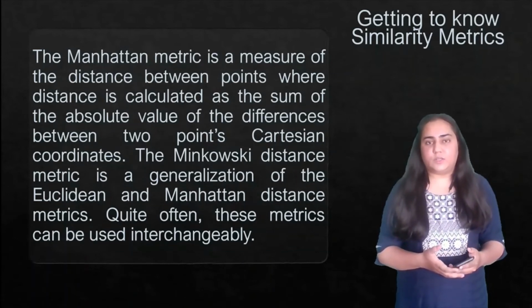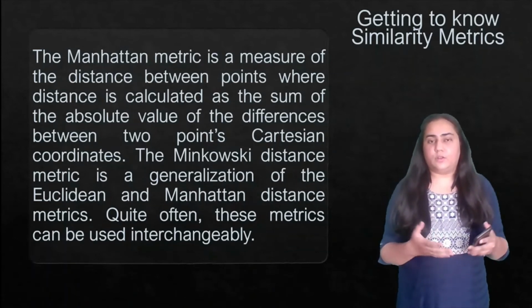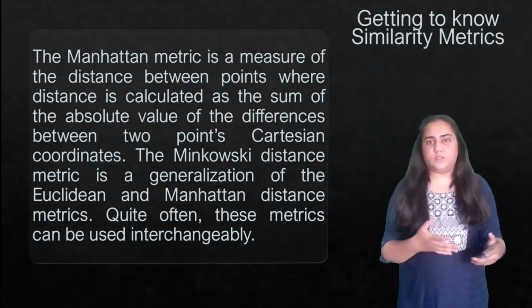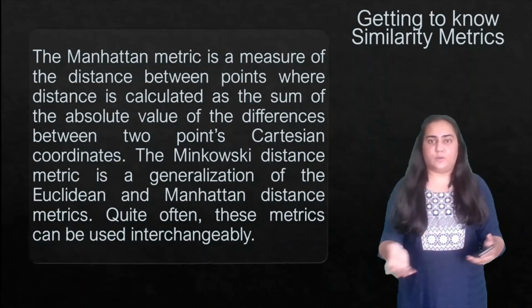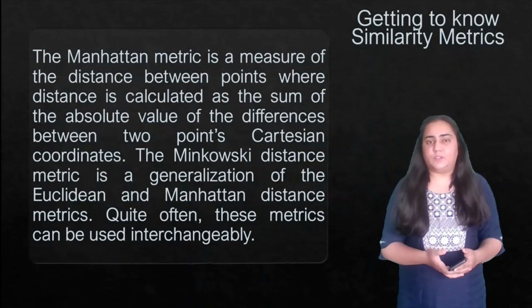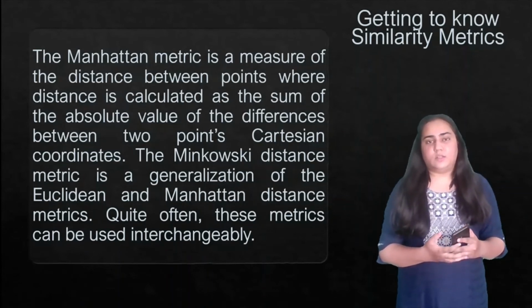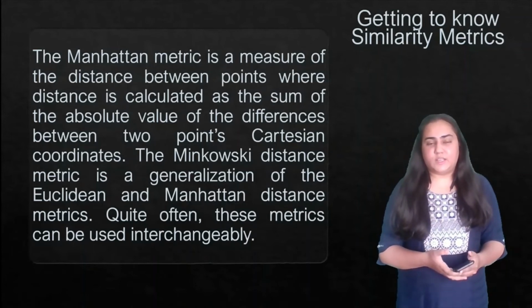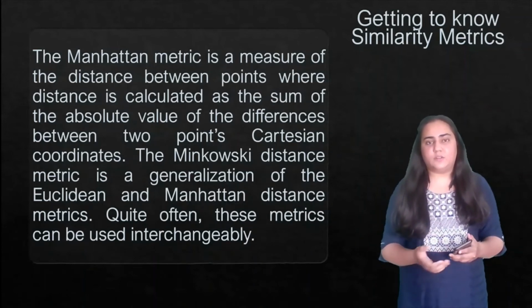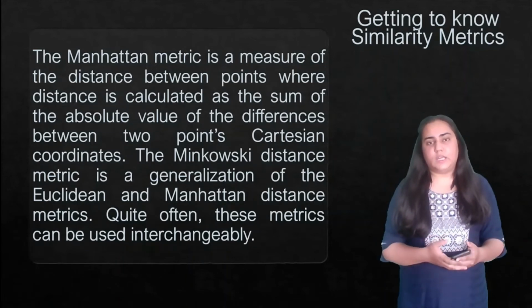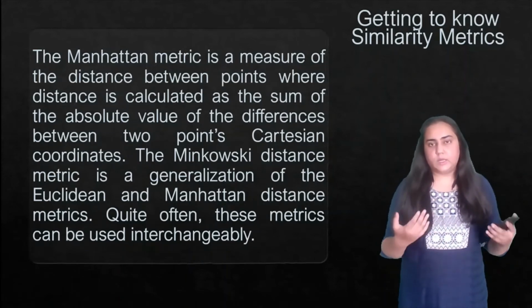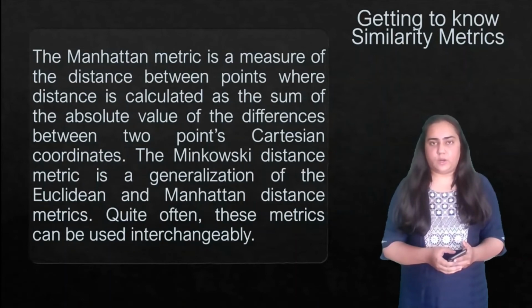And Cartesian coordinates are used in this case. Cartesian coordinates are xy coordinates or xyz, depending on how many dimensions you have. The Minkowski distance metric is a generalization of Euclidean and Manhattan metrics, and quite often they are used interchangeably, which means you can change one for the other and use it.